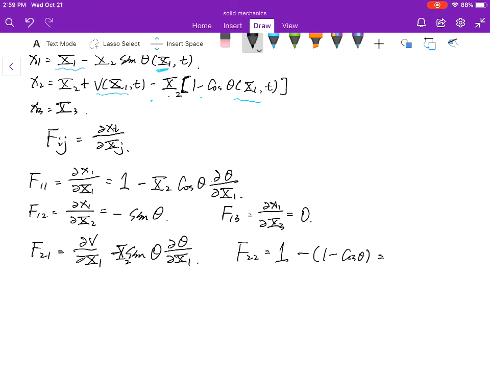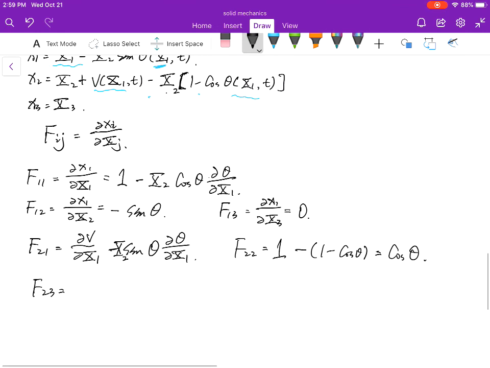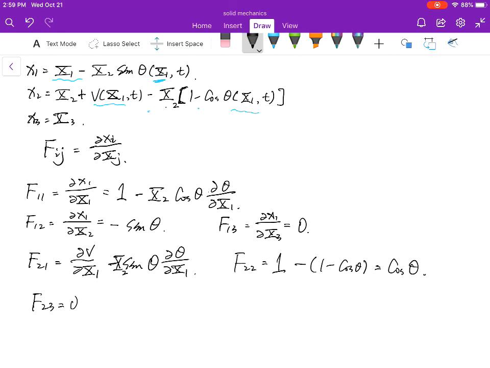Then it simply becomes 1 minus 1 is 0, and then simply becomes cosine theta. And then F23, as you can see, is also 0, and F31 is 0, F32 is 0. As you can see, x3 is just a function of uppercase X3, so F33 is equal to 1.